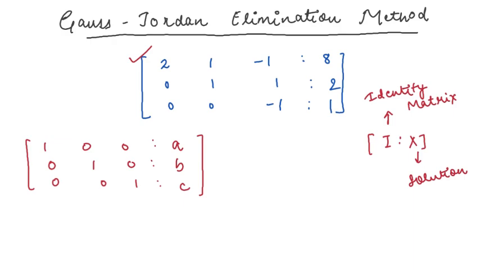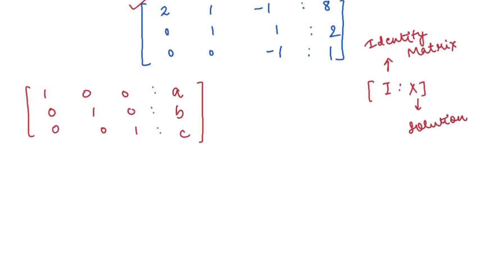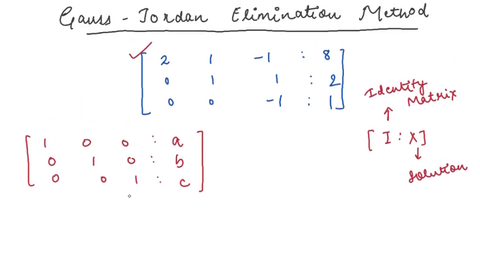Remember that point. So the steps are: write the augmented matrix, choose the first pivot, make the pivot equal to 1 if necessary, make every other element in that column 0, move to the next pivot, and repeat until the coefficient matrix becomes the identity matrix. Then read the solution directly from the last column.